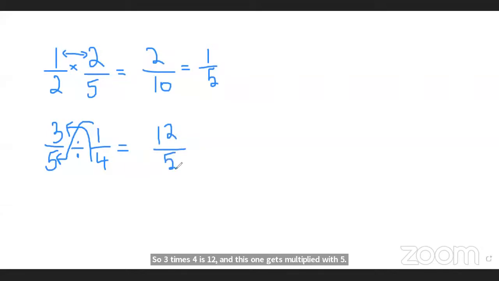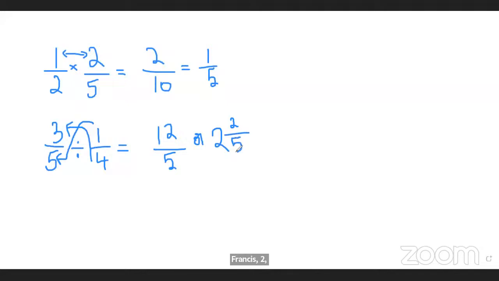It's 5. So it's 12 by 5. That was good, Francis. 2 over 5. That was really great. That was a good one. Are you clear with the second question?